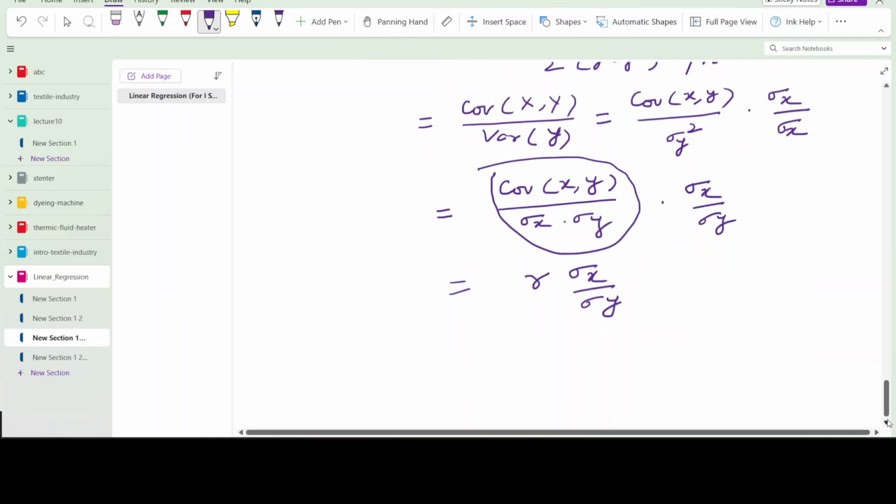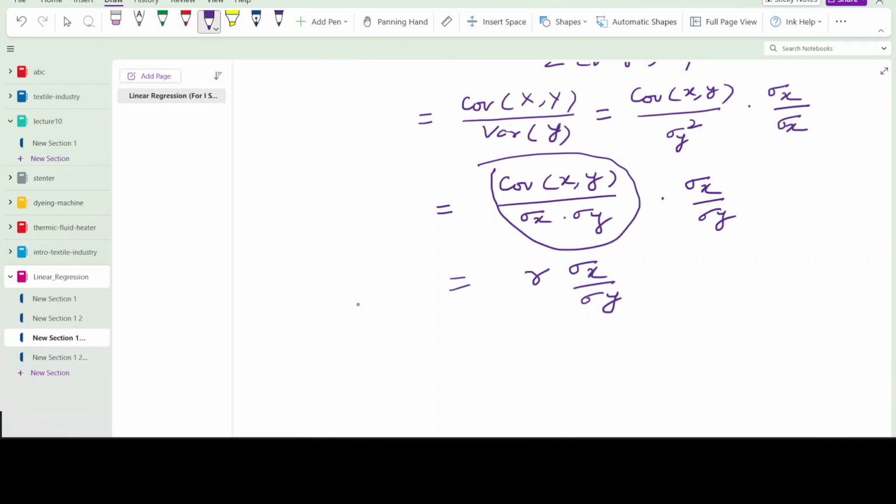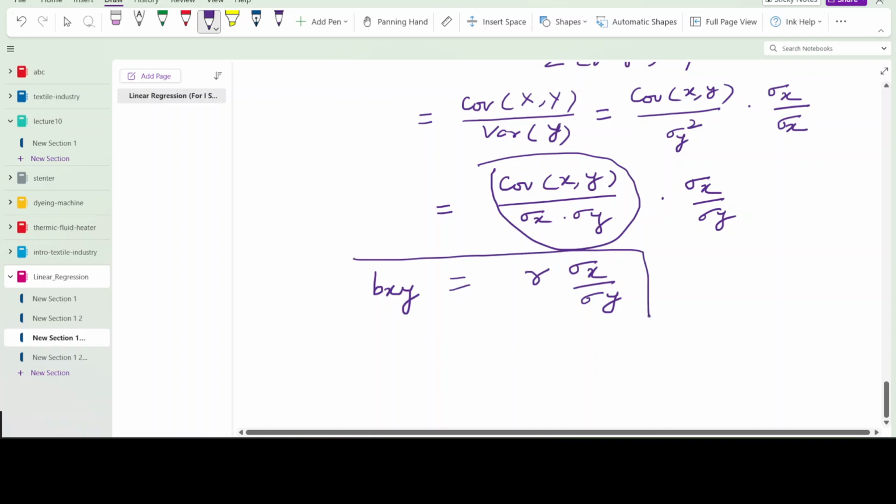So in case of the regression coefficient of x on y, this is the expression. We have both regression coefficients with us.